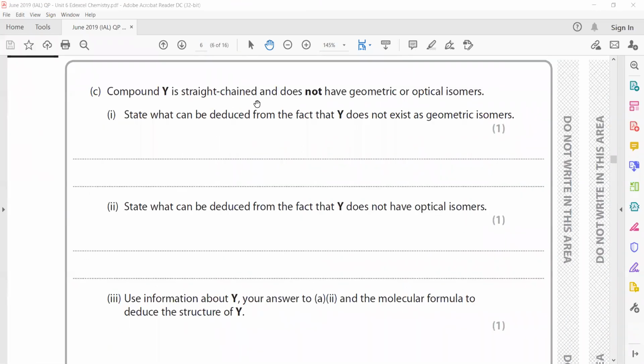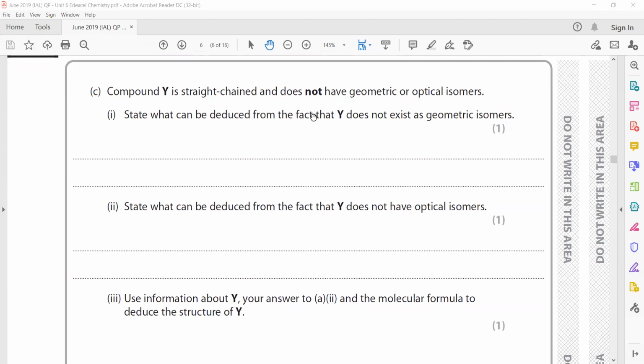Compound Y is a straight chain and does not have a geometrical or optical isomer. So there is no chiral carbon, and if it does not have a geometrical isomer, there is no restriction in rotation, or identical groups are attached to a carbon which has a double bond.